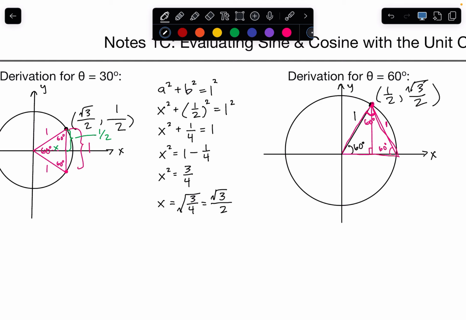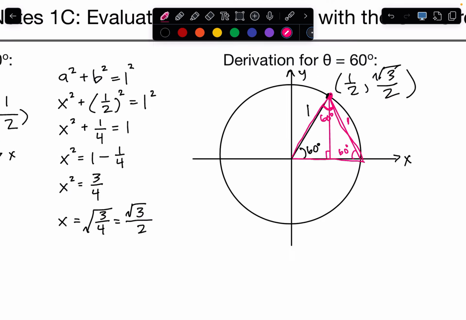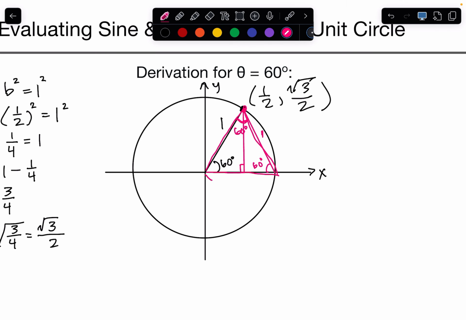I can kind of see that without doing any math because I know in that triangle down here, what is this distance along the x-axis? 1, because it's a radius 1 triangle. And I know that I've cut that big triangle in half vertically. Half of 1 is a half. So I know that this portion is a half, meaning the x-coordinate here is a half.